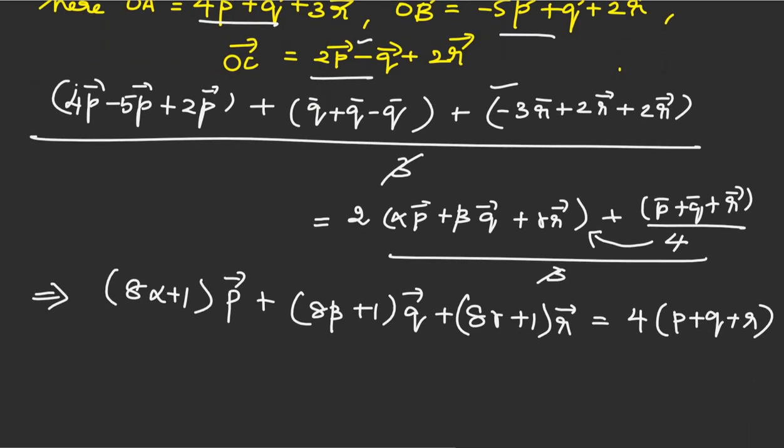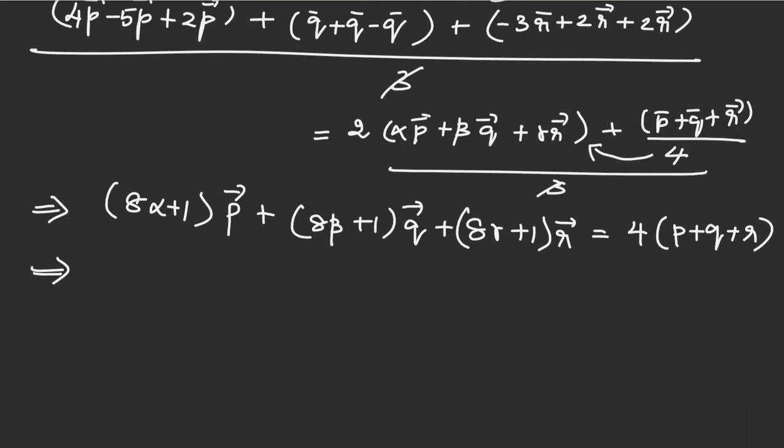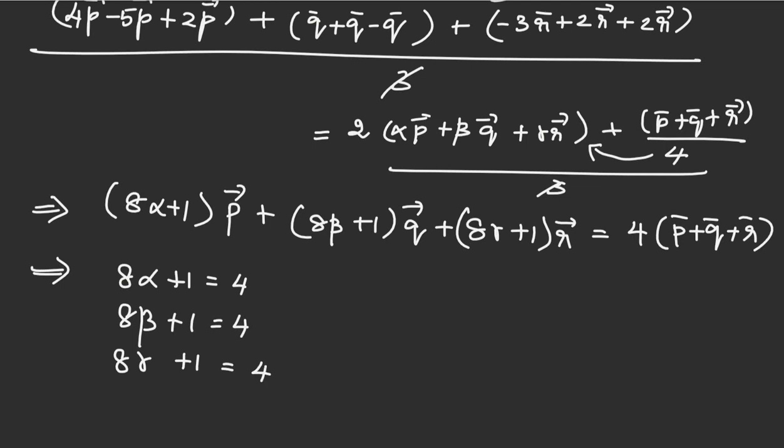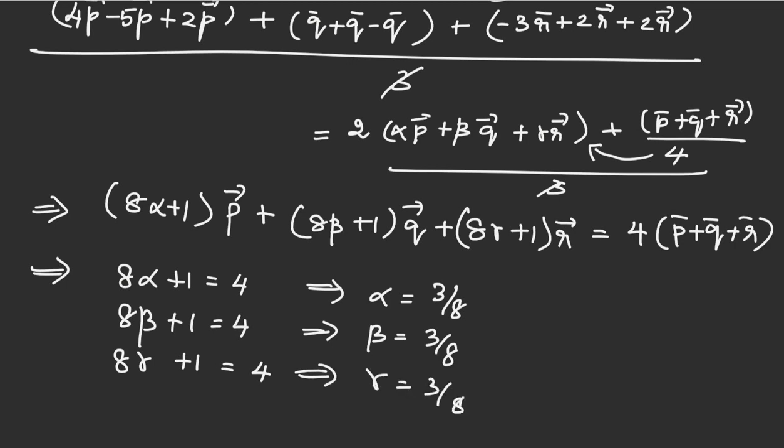Now equating the like terms on both sides, the coefficients of P vector, we get 8 alpha plus 1 equal to 4. Similarly, we get 8 beta plus 1 equal to 4, and 8 gamma plus 1 equal to 4. Now which implies alpha will be equal to 3 by 8, beta will be 3 by 8, and gamma also will be 3 by 8.